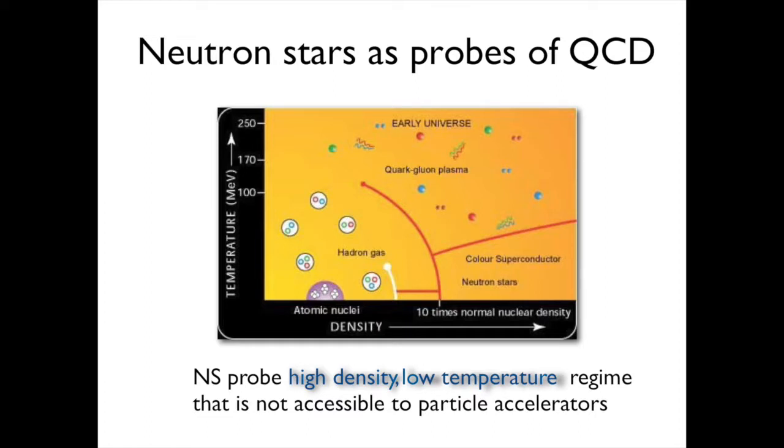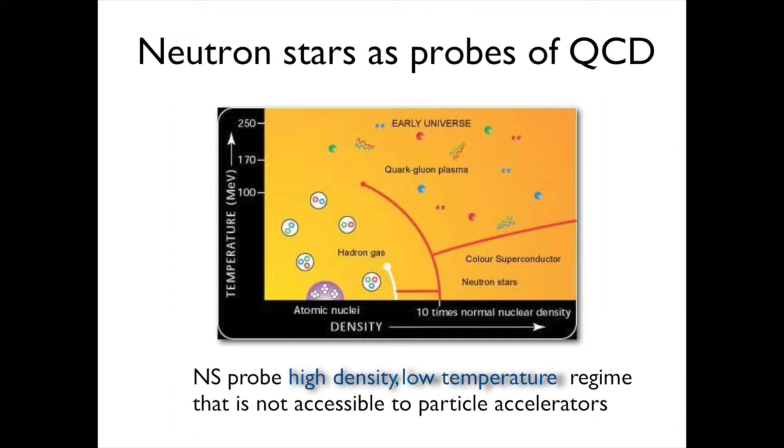So what sort of part of the phase space do neutron stars probe? If this is temperature versus density or temperature versus chemical potential, neutron stars hit this low temperature, high density or high chemical potential area that you don't probe in particle accelerators, where you look at much higher temperatures.